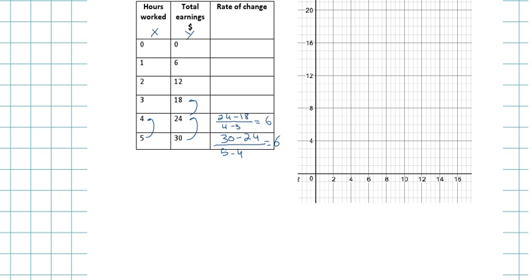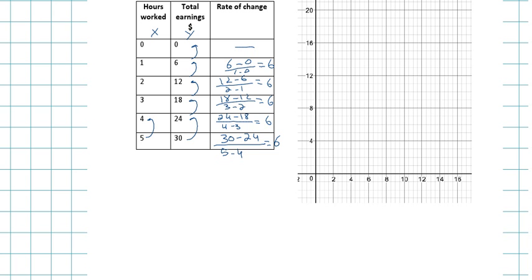18 minus 12 over 3 minus 2. 6. 12 minus 6 over 2 minus 1. 6. 6 take away 0 over 1 take away 0. 6. Don't fill out the first one.